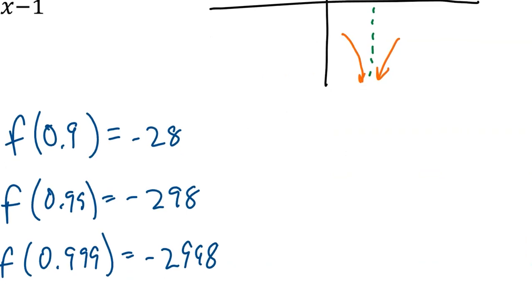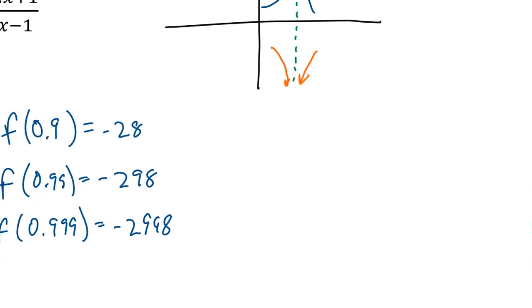Because as it approaches the asymptote, it's getting larger negative, which is smaller overall, but very good. So these numbers are getting closer and closer to 1, and these numbers are getting bigger and bigger negative. So it's going to negative infinity. Well, not eventually because you never get there, but you know what I mean.